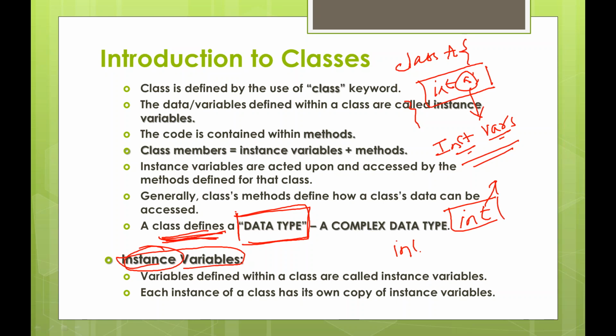Just by saying int, are we defining any variable? No. Int a means we are defining a variable of type int. So a is a variable of type int. We need int to declare a variable of type int.